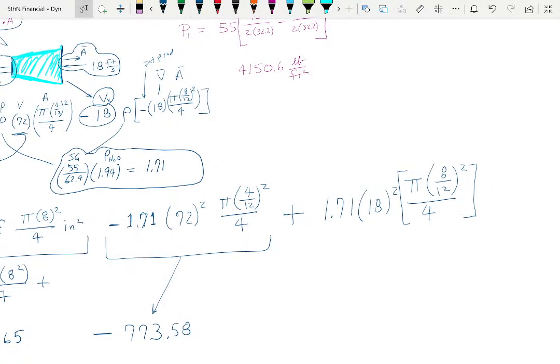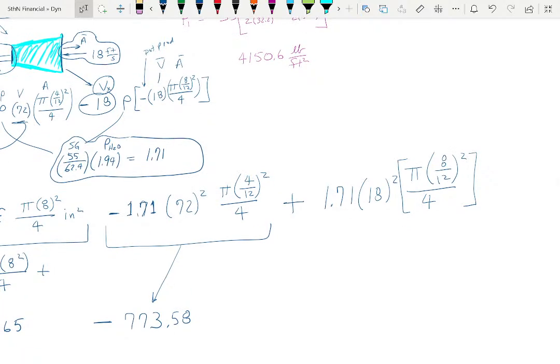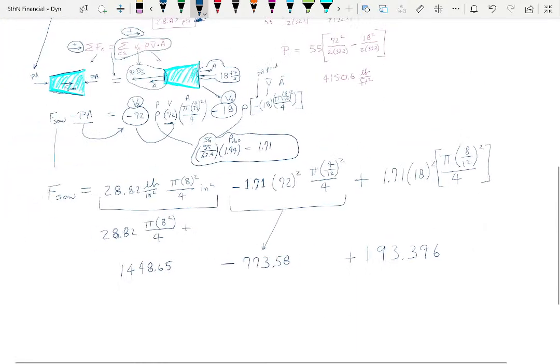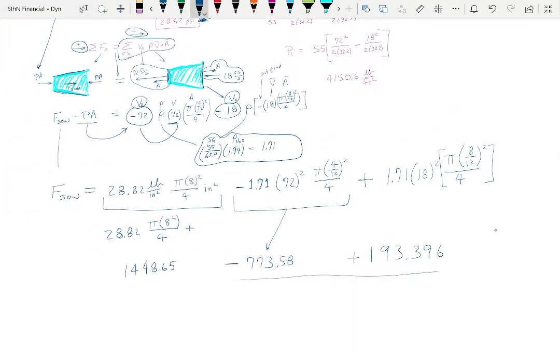See what that comes up with. 8 squared over 4. Oh, I think it did that too. Yeah, it did. 193.396.